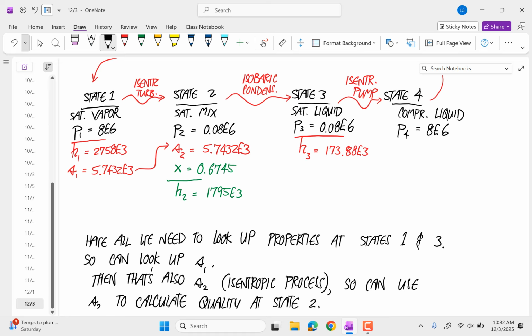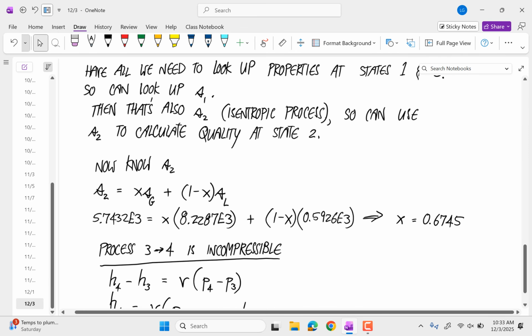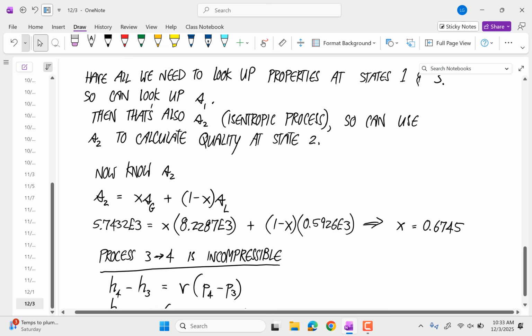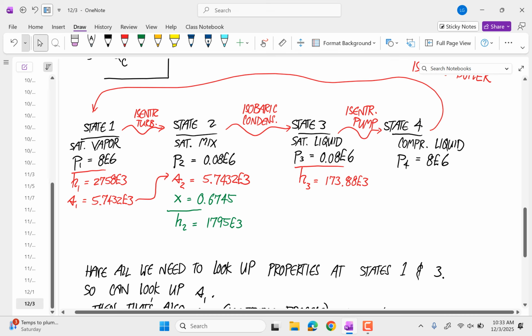Professor? Yep. So we use the quality equation to find the enthalpy, the H2. Are there any properties that we can't just estimate from that? For state 2, finding it with the quality? Well, state 2 is the only one where the quality helps us. But once we have the quality and the pressure, we can look up anything we want.